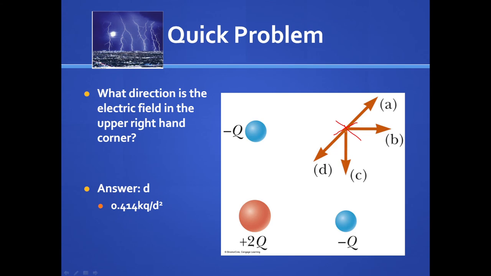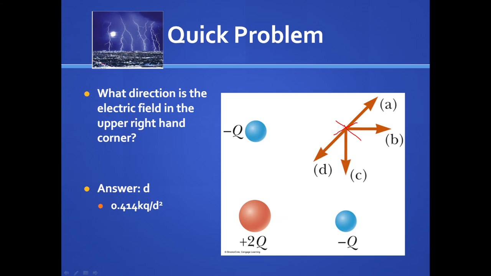Each of them separately creates field that would exist here, but now that they are all here with each other, all of their fields are going to overlap at this spot. And the question is, what will the resulting field at that location look like because all of these different fields are overlapping?